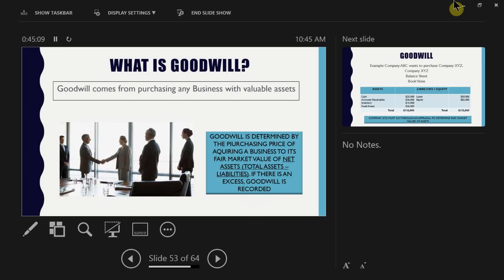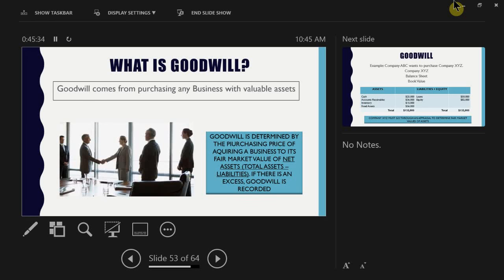Okay, so for this example, goodwill is going to be determined by the purchasing price of acquiring another business at its fair market value. Again, we're going to be looking at what's called the net fair market value of assets, which is your total assets minus your liabilities.